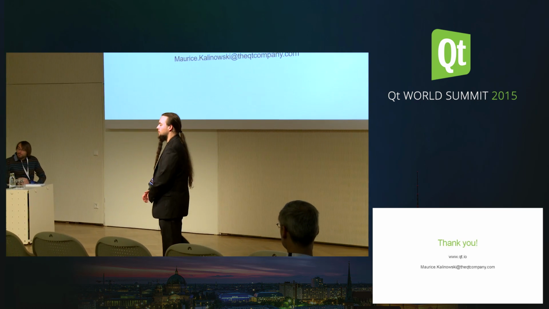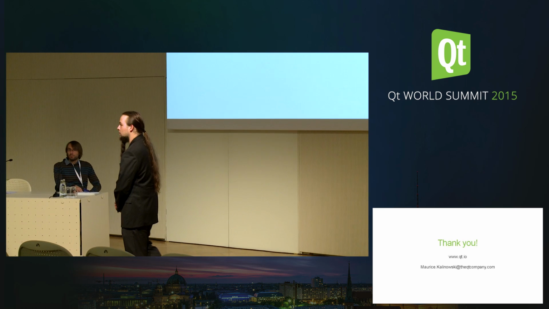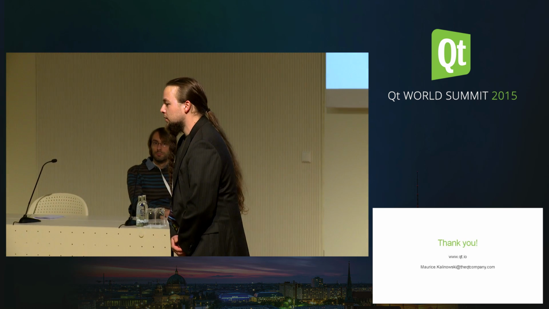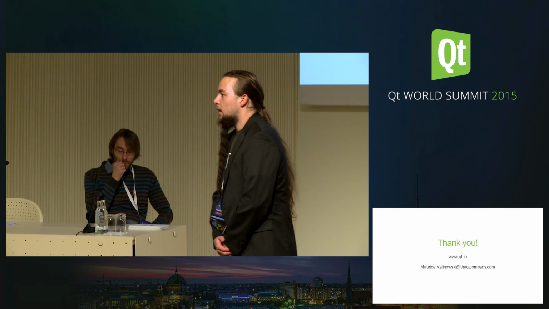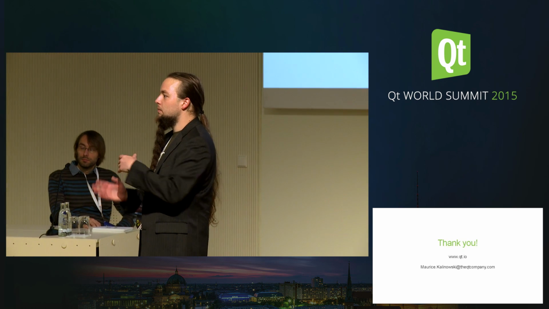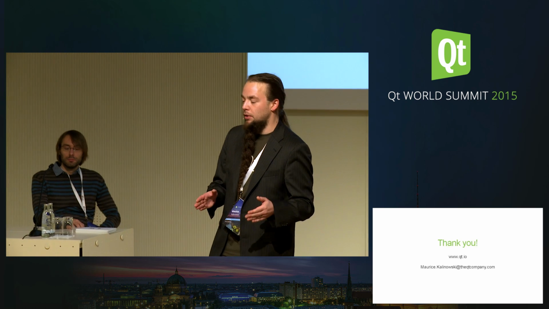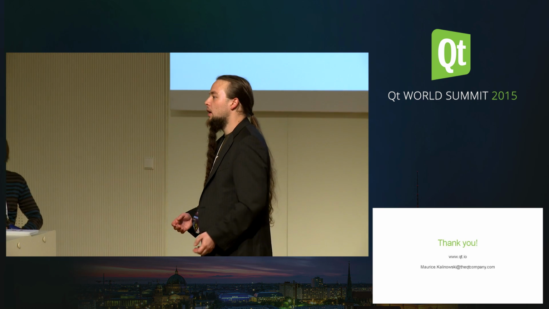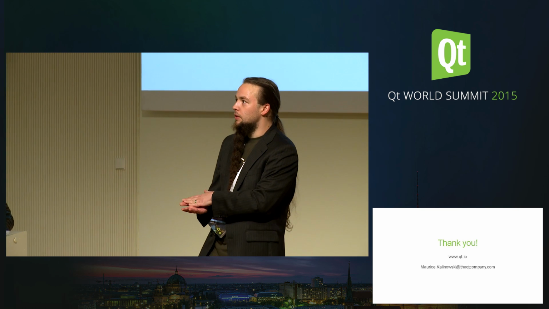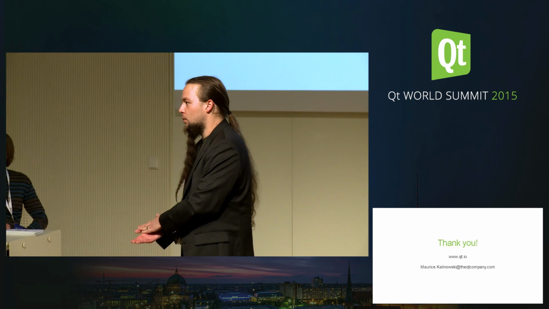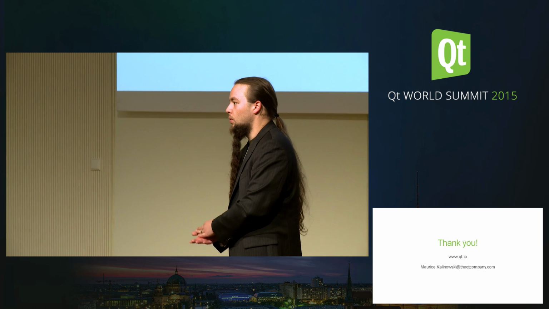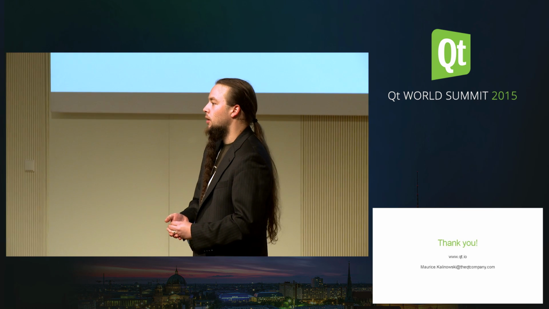One question here? What is the minimum deployment target going to be for WinRT in the short term? Is it 8.1? The question was the minimum deployment target. That refers to, if you want to do a WinRT application, the minimum platform you have to use is Windows 8.1 and Windows Phone 8.1. When we introduced Qt for WinRT with Qt 5.4, we already needed to skip Windows Phone 8.0 and Windows 8.0.